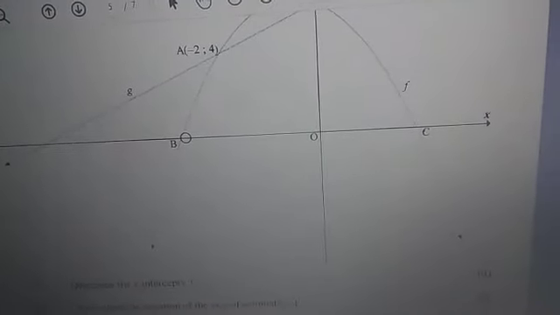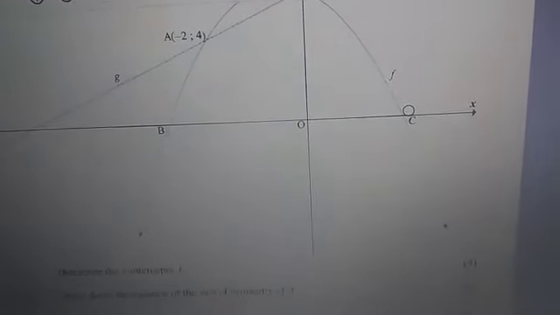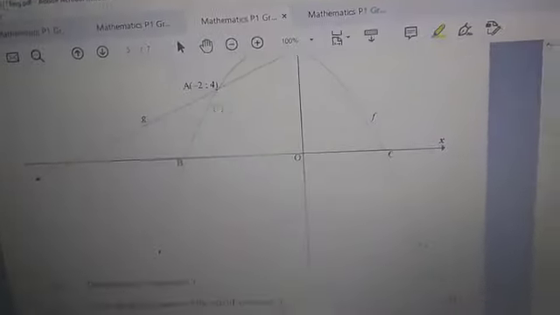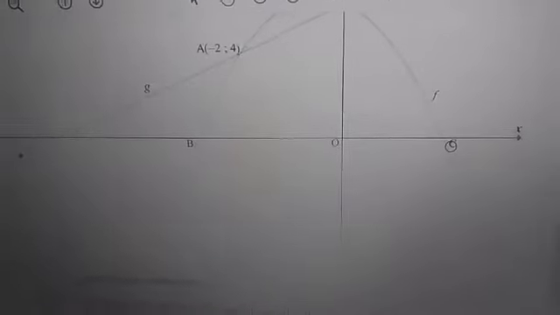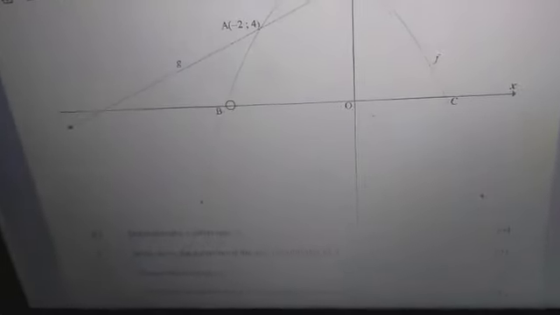Our target now is that the interval has to be this one. So the x here, let's say here is 2 and here is -3.